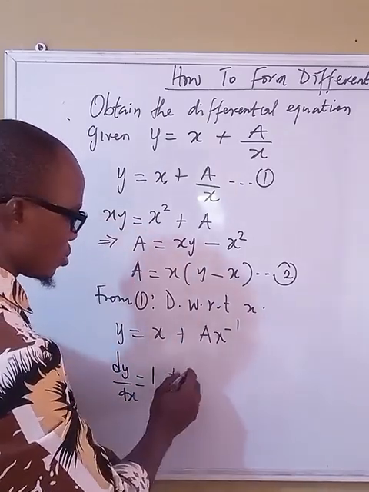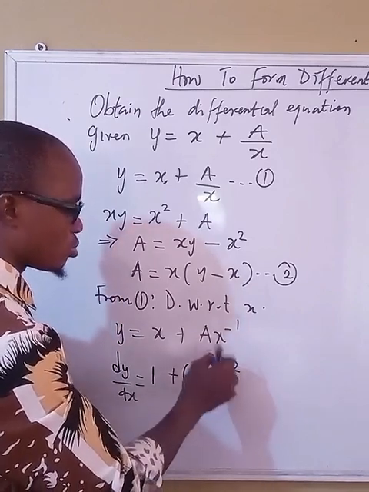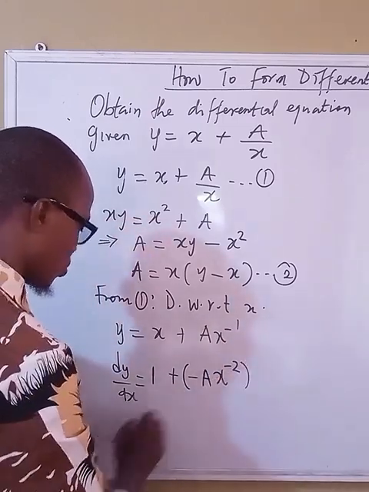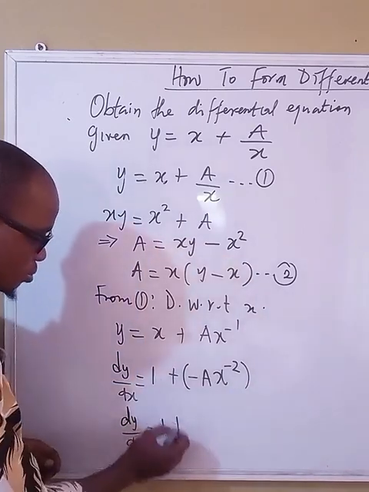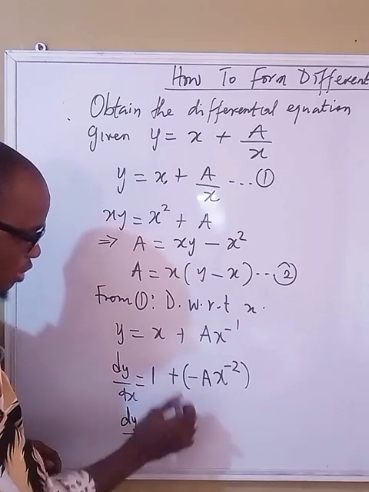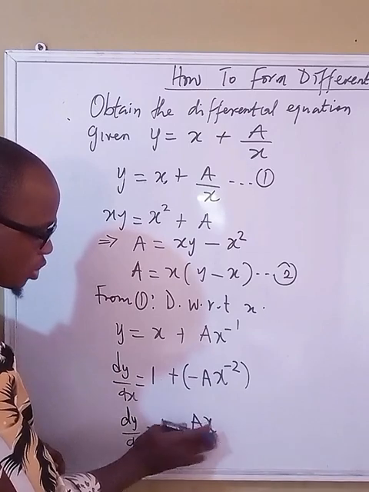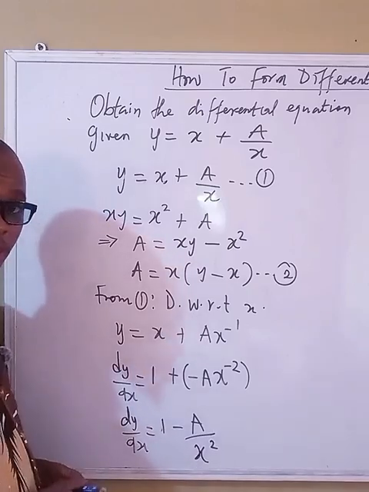If you differentiate this, you're going to have minus a x to the power of minus 2, because you need to take away 1 from the power. So dy dx is going to be 1 minus a over x squared, taking it back to x squared.